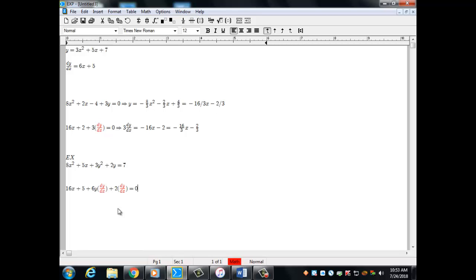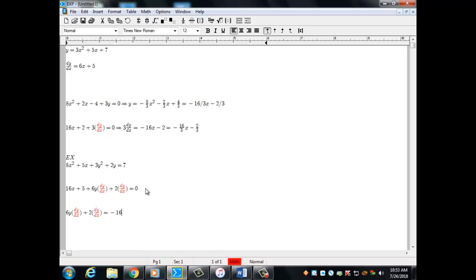Now, how do I solve for dy/dx? Okay, so we got to get them on the same side by themselves. So we got this piece. Can't add them together, they're not like terms. If this were 6y and 2y, you could. Not like terms, so you can't add those together. But this side is equal to what? Move the 5 over, yes?